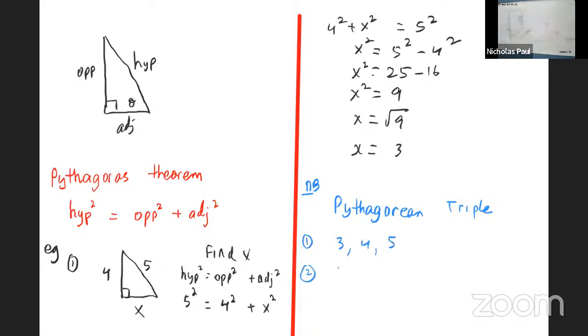I'll give you the next one: 6, 8, 10. So once you see these numbers, you could have an idea. Our next popular one is 5, 12, 13. I'm going to give you one more. What's the next popular one? 9, 12, 15. Many more. I'm just giving you some.